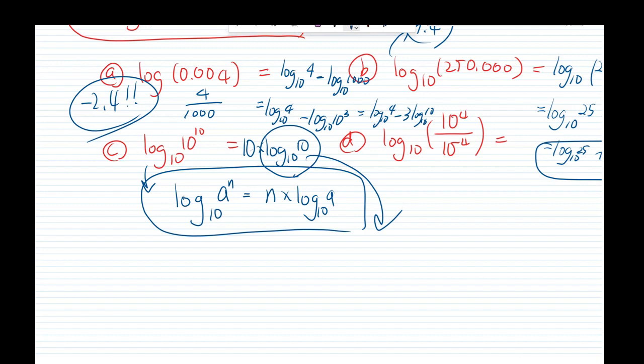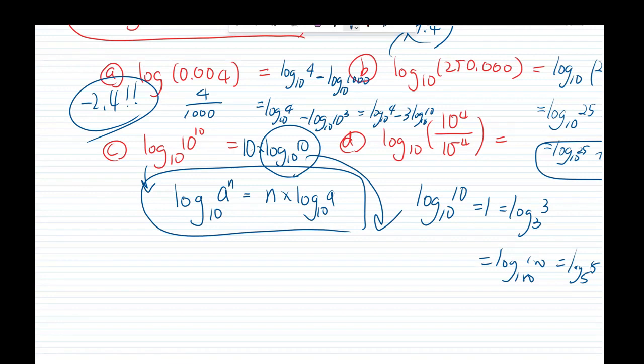What is log base 10 of 10? It is 1, but times 10. Log base 100 of 100, log base 5 of 5, should be 1. So 1 times 10 is 10, right? Any questions?